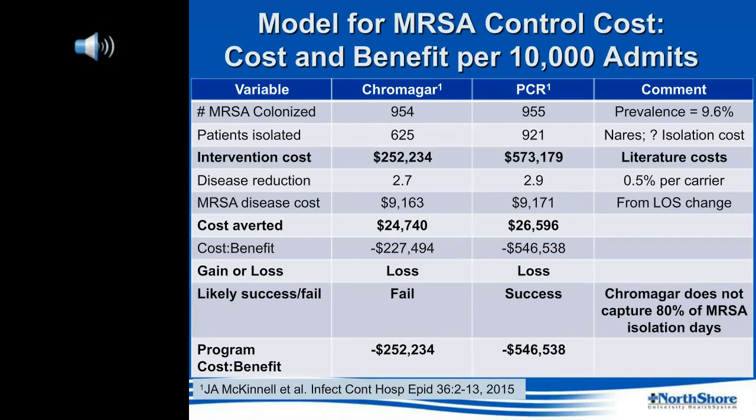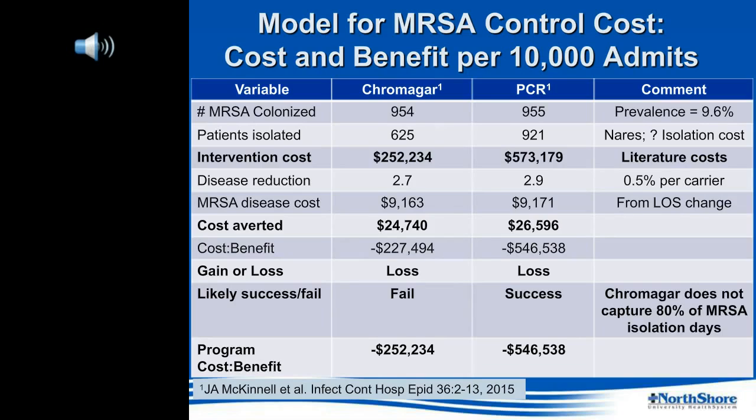They looked at disease reduction and costs averted, and if you look at whether there was financial gain or loss, in this particular study they were losing money on both chromogar and PCR screening.